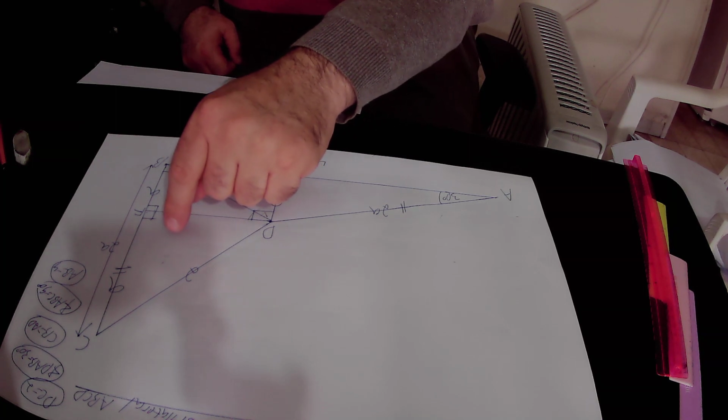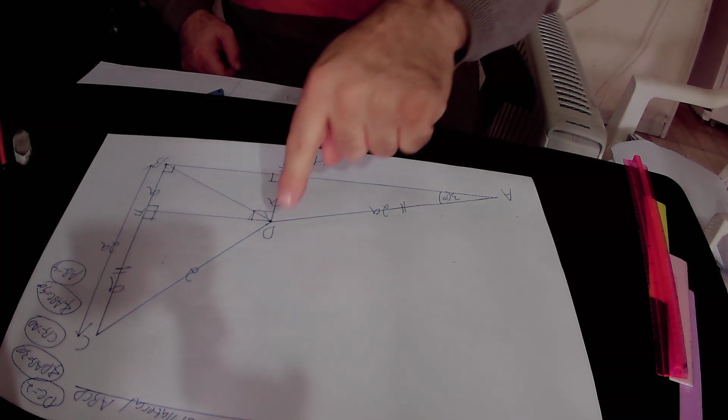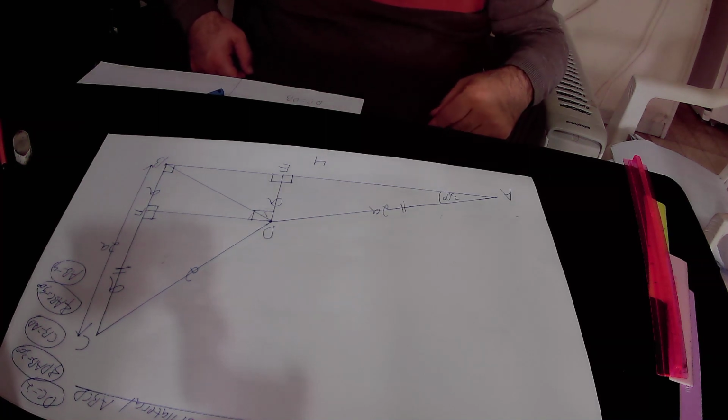Those two triangles are congruent, therefore the corresponding sides, CD and DB, will be equal to each other.